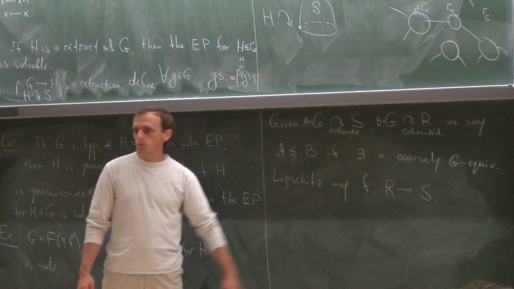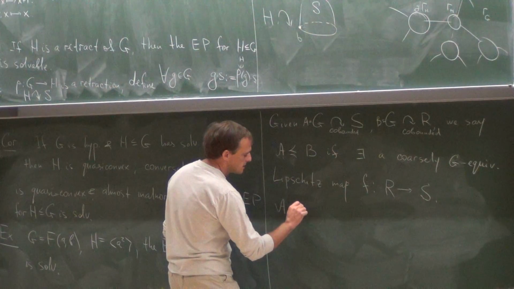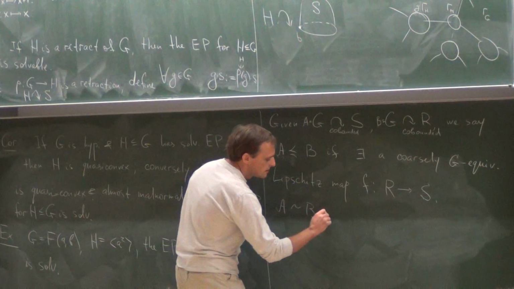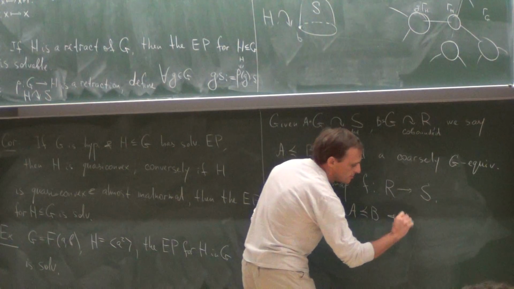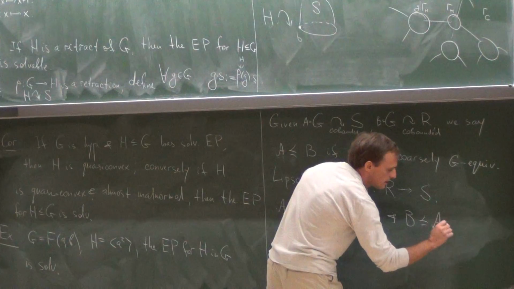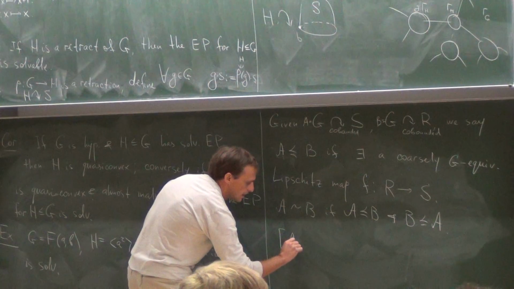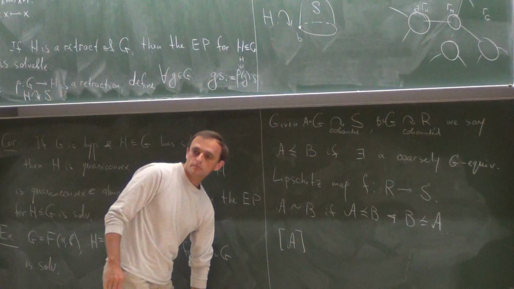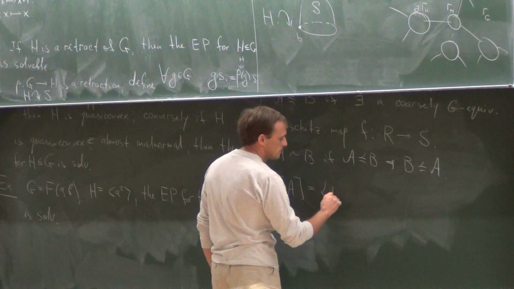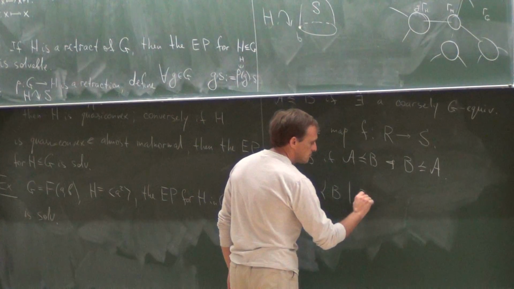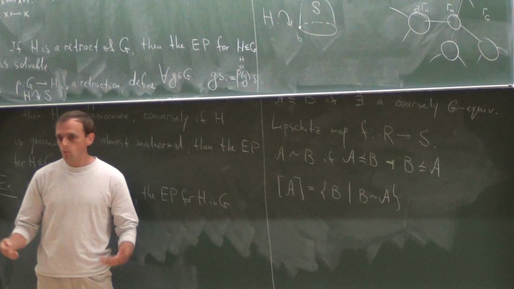So, in the standard way, you induce an equivalence relation. A is equivalent to B if A is smaller than B and B is smaller than A. And the equivalence classes, which I denote in this way, become ordered.